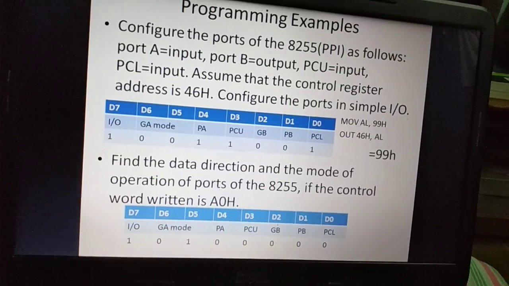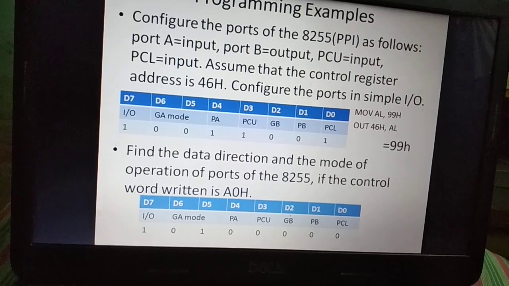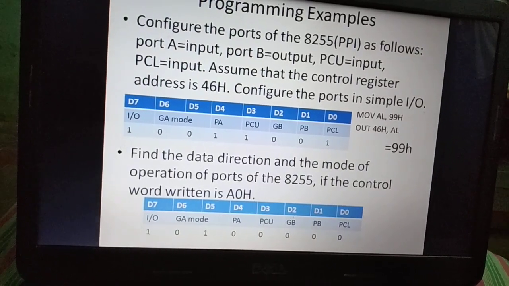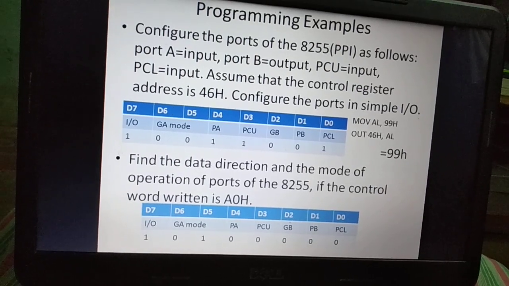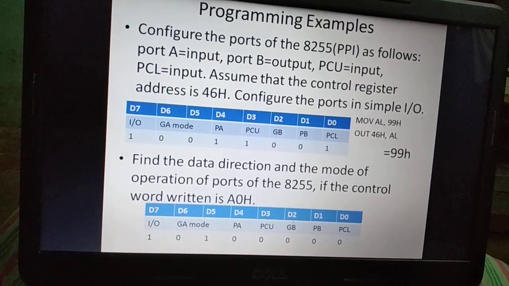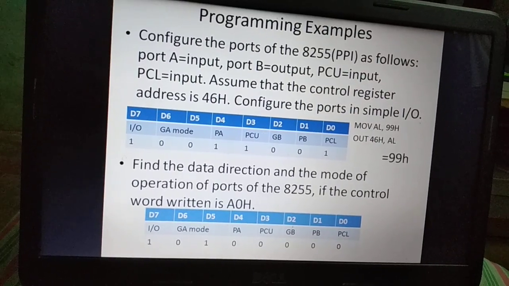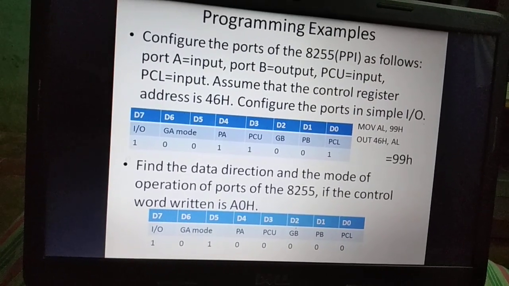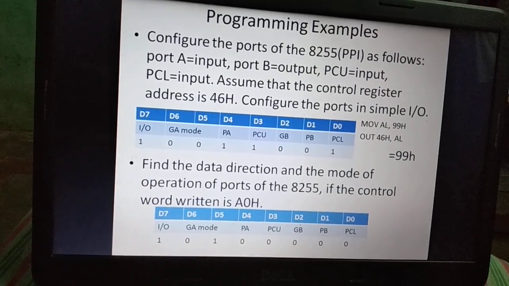Now we can see the format. D7 is 1 to tell that it is in IO mode, and D0 is used for port C lower. Since port C lower is used for input, it is given the value 1. Port B is used for output, so its value is 0. The mode of group B is simple IO operation, so it is given as 0.